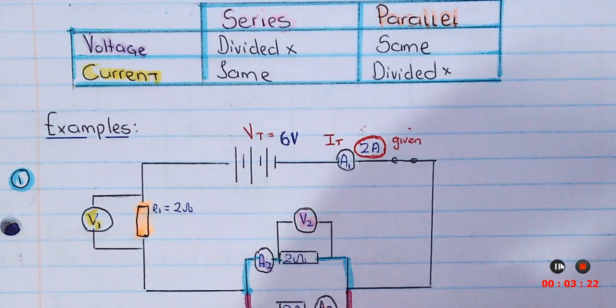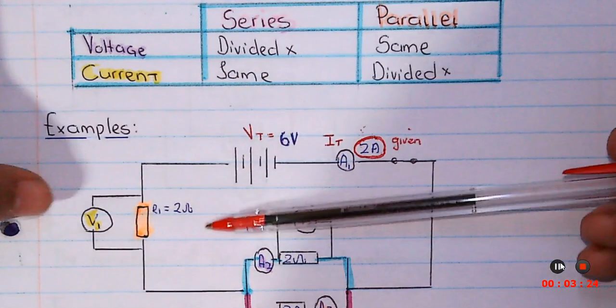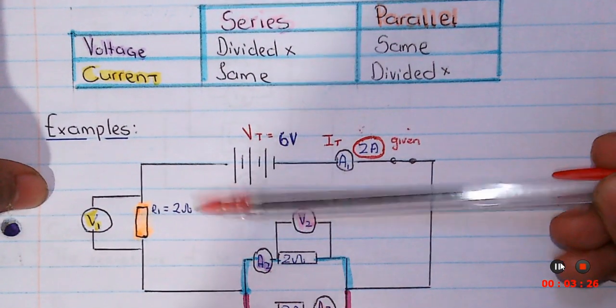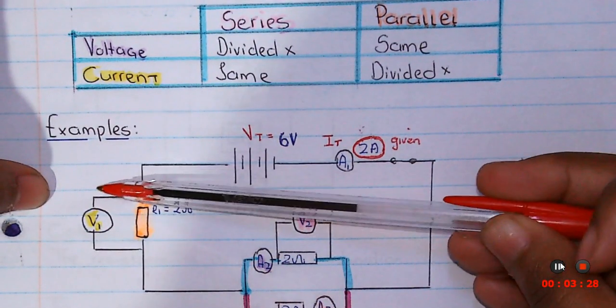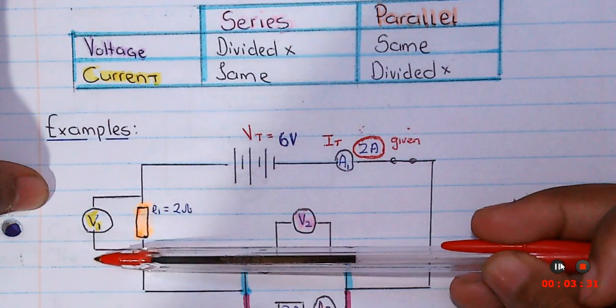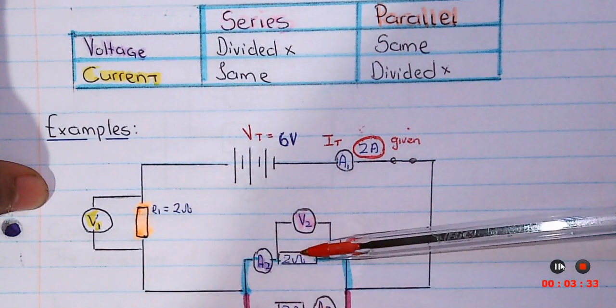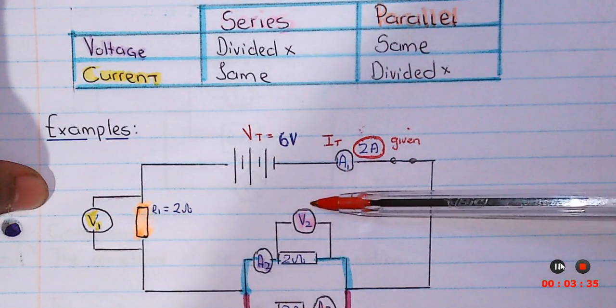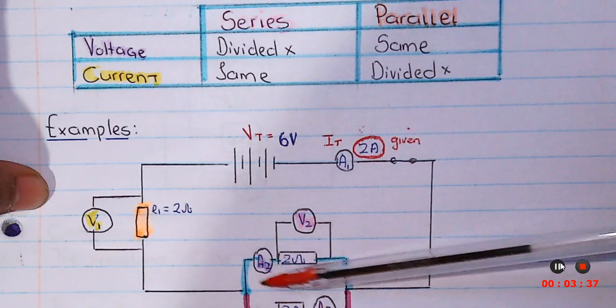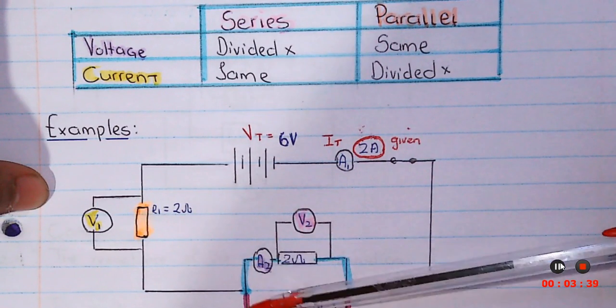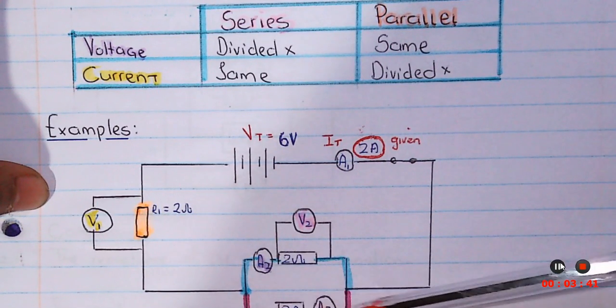If we look a little further, we see that R1 is 2 ohms, and attached to it is a voltmeter, V1. Then we have another resistor with V2 and A2, the ammeter, and then we have the 2 ohm resistor with A3.